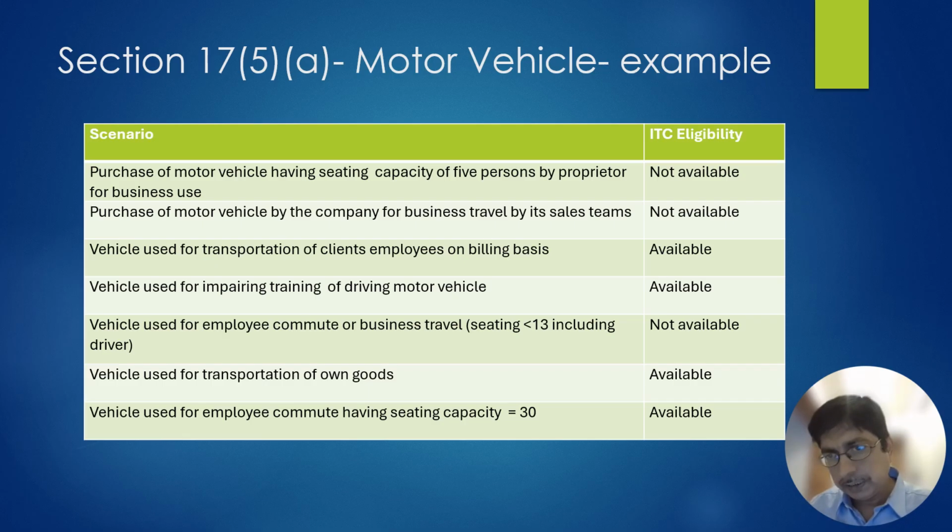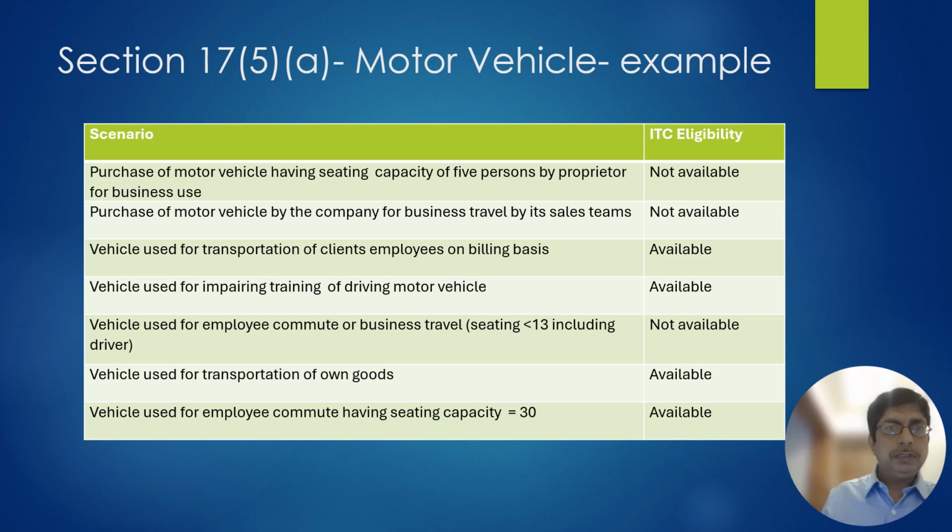It's having a seating capacity less than 13, therefore the GST credit is not available. GST credit not being available on motor vehicle means that on purchases of motor vehicle, the GST charged is a cost to the business.